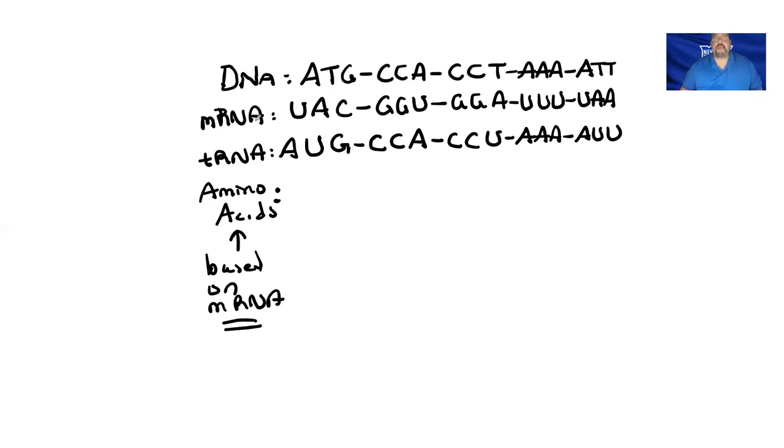We're going to use the messenger RNA sequence. All right. So I'm looking at the genetic code on another screen. I find UAC. And when I come across UAC, and the three-letter abbreviations are perfectly fine, I have no problem with that. So UAC gives us tyrosine as our first amino acid present.